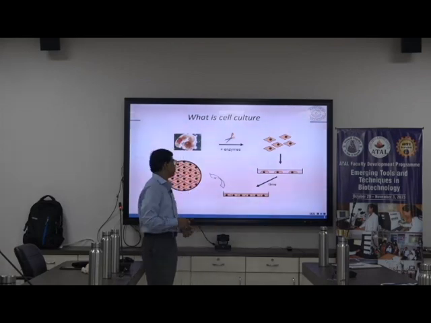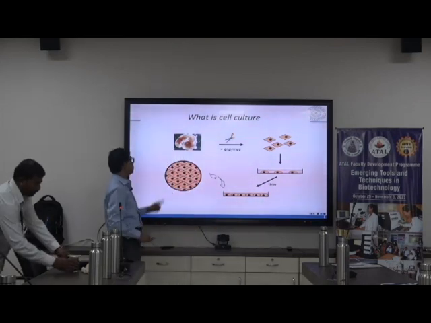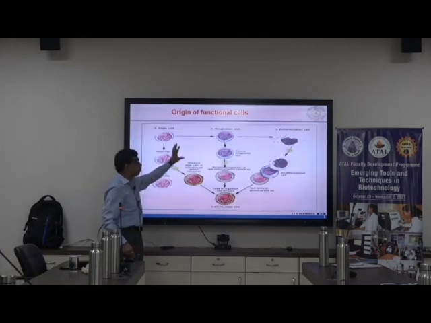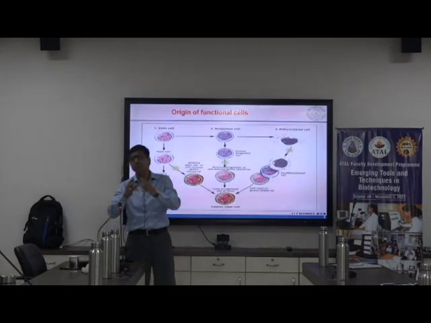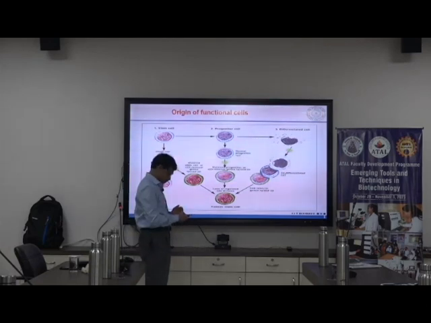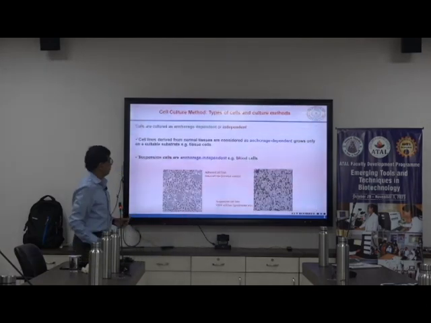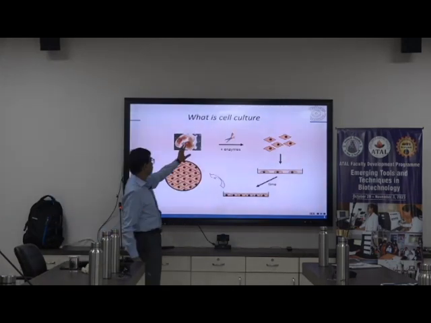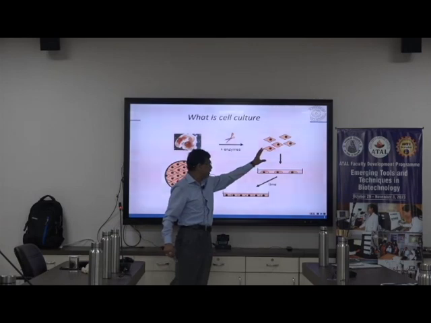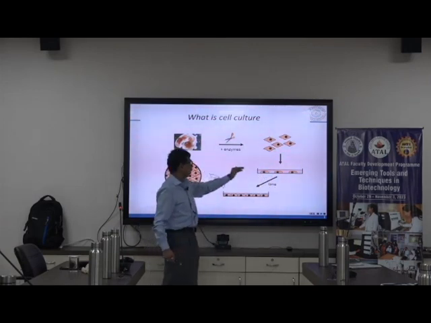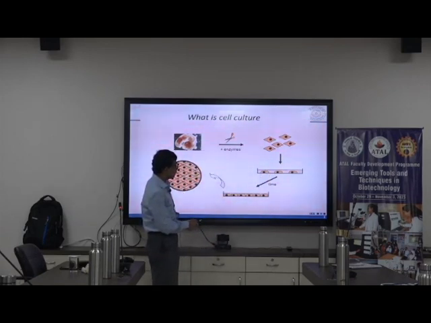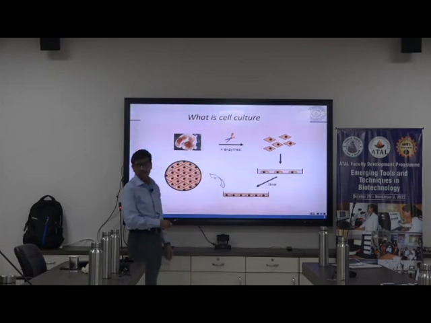Now, this is, for example, a chicken embryo. It is made up of millions of trillions of cells. When I separate these cells out individually and culture them in in vitro condition using a culture medium, as you can see here, these are the cells, and the upper layer is the culture medium.